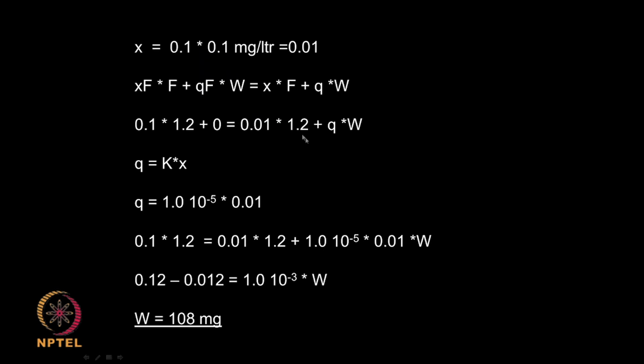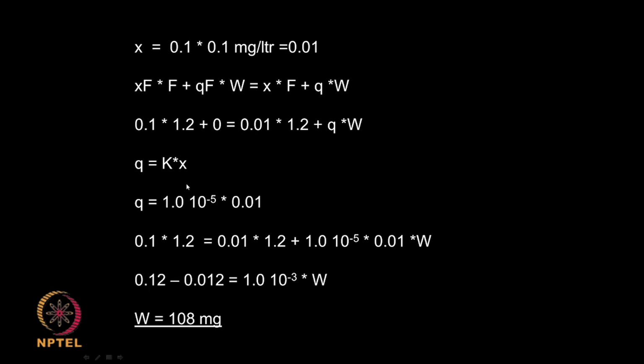So, I take the mass balance equation: XF into F plus QF into W is equal to X into F plus Q into W. QF is 0 because I am using fresh adsorbent. XF is the feed, that is 0.1, F is my feed quantity 1.2, 90% adsorbed, so the remaining 10% is what is coming out, 0.01.